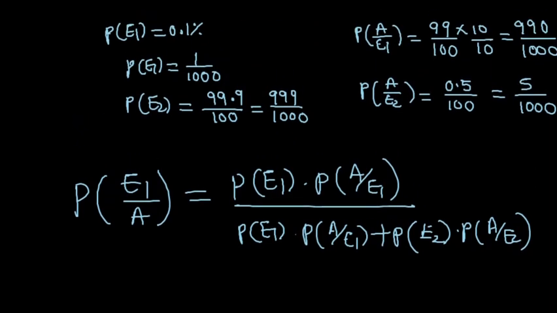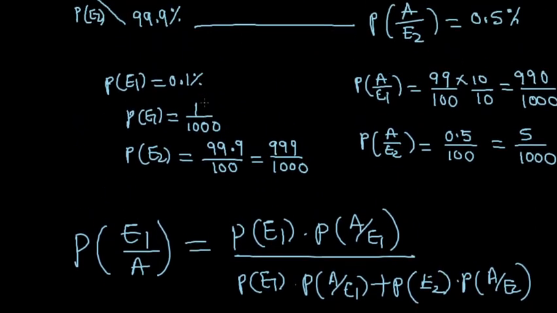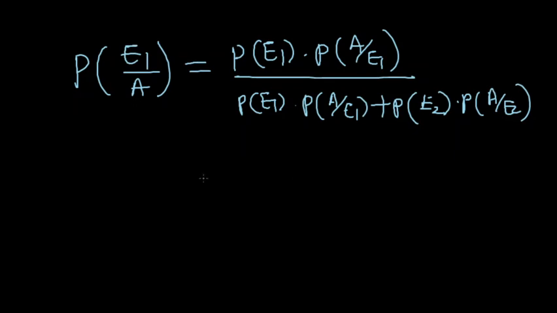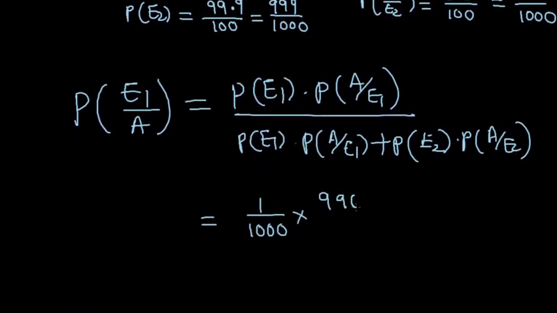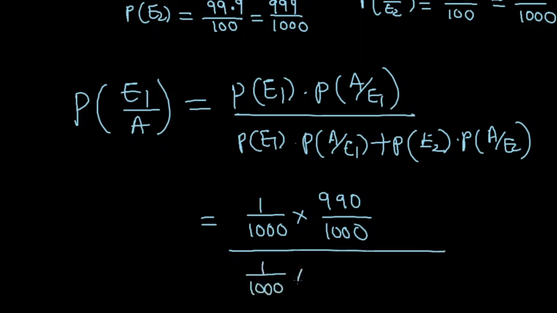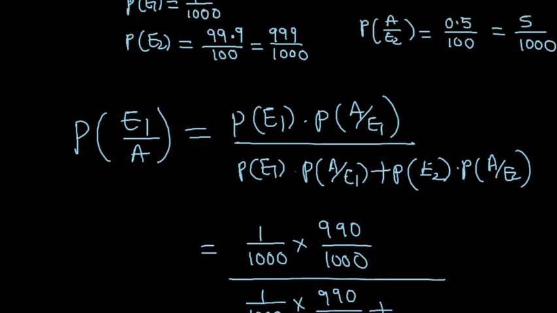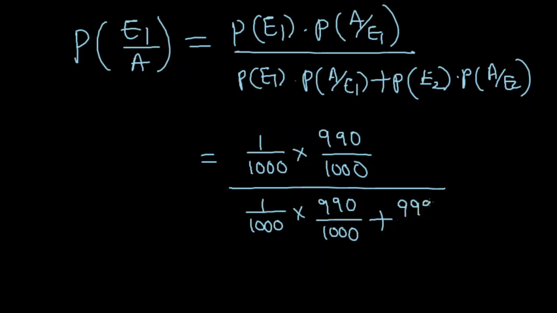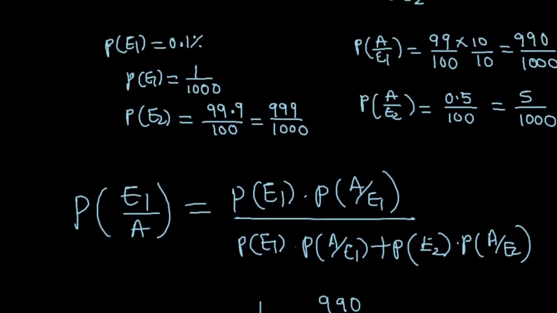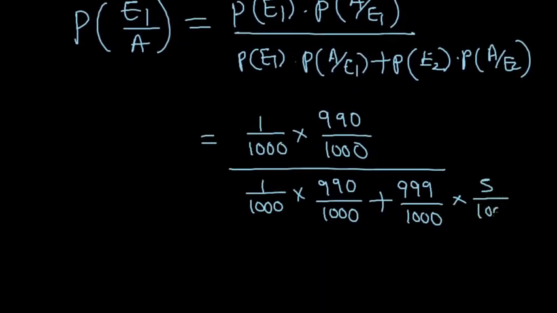So we know P of E1 is 0.1%, which is 1 by 1000, into 990 by 1000, divided by 1 by 1000 into 990 by 1000 plus P of E2, which is 999 by 1000, into P of A by E2, which is 5 by 1000.